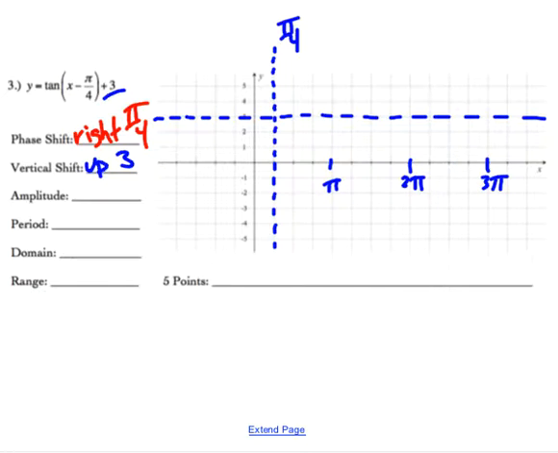So what we have so far is this point is our new origin, and since that is a point on the parent graph, that is going to be a point on this new transformed graph. Every single point gets slid to the right pi over 4 and gets slid up 3, so the origin would certainly be one of those. Now beyond that, this one has a period of pi units. There's not been any scale change, and we'll talk about that more tomorrow.